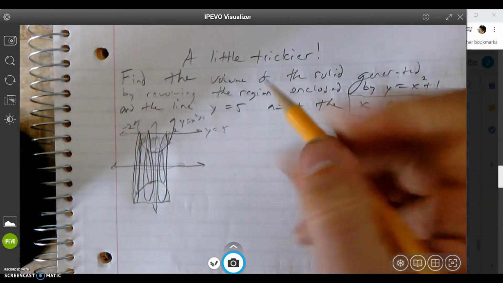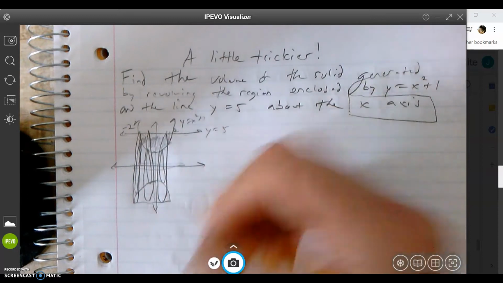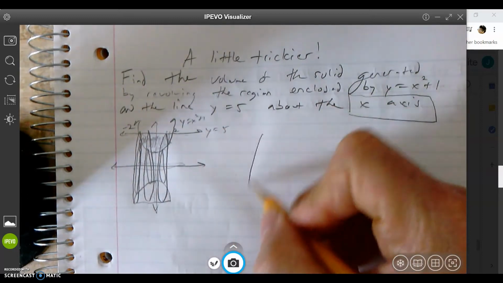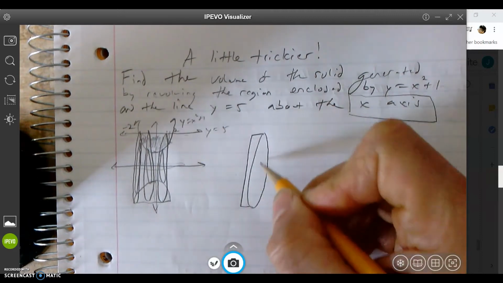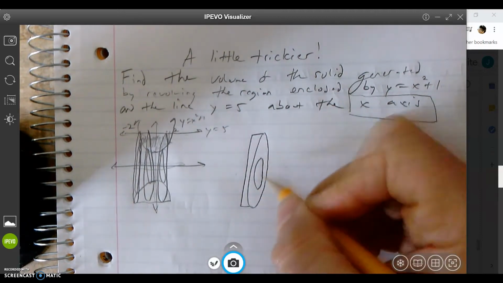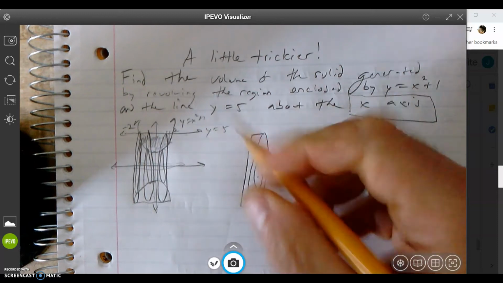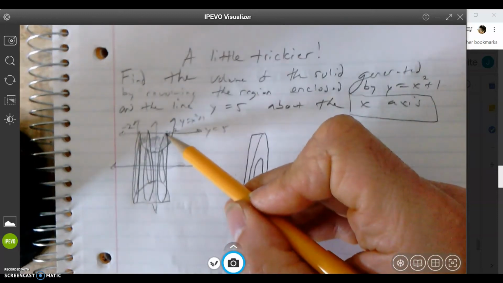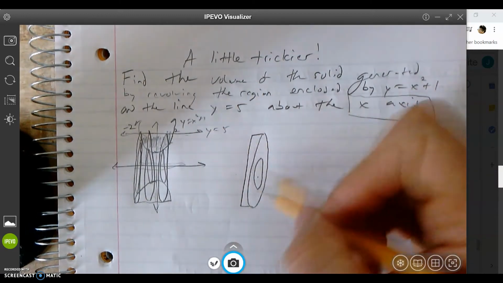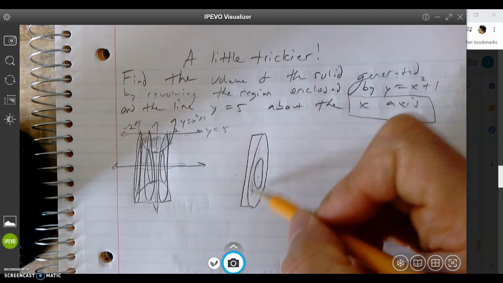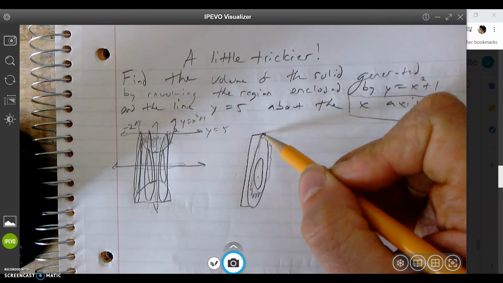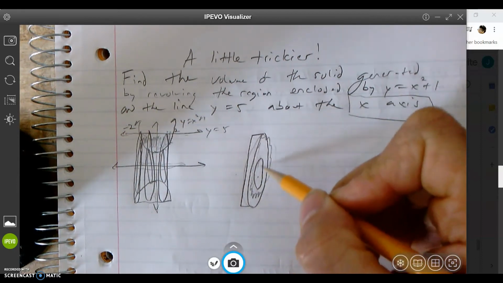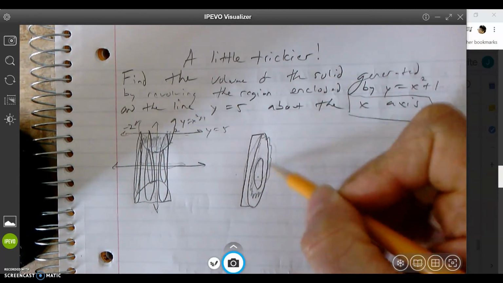So what I really want to focus on right now is how you get the volume of a slice. So now we have a hole in the middle right here. So this is new. And so first what we do, in order to get this volume or this area right here, we've got to find the area of the big circle and then cut out the area of the small circle.